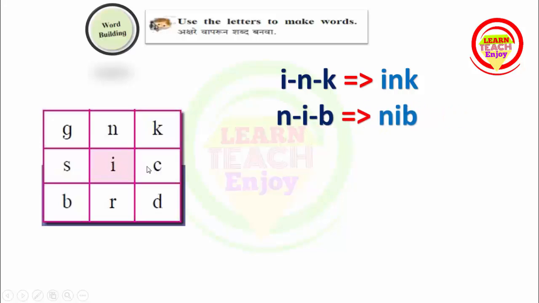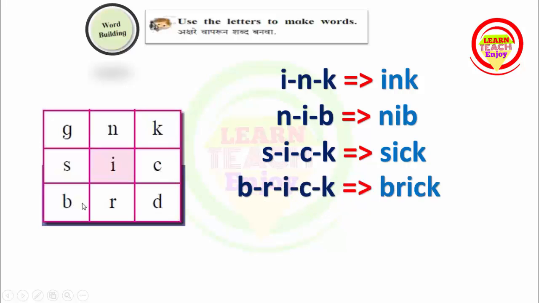Then we write another word S-I-C-K, sick. Sick means आजारी. So we can write here S-I-C-K, sick. Then another word B-R-I-C-K, brick. Brick means vit. We use bricks to build buildings. So we can write here brick.